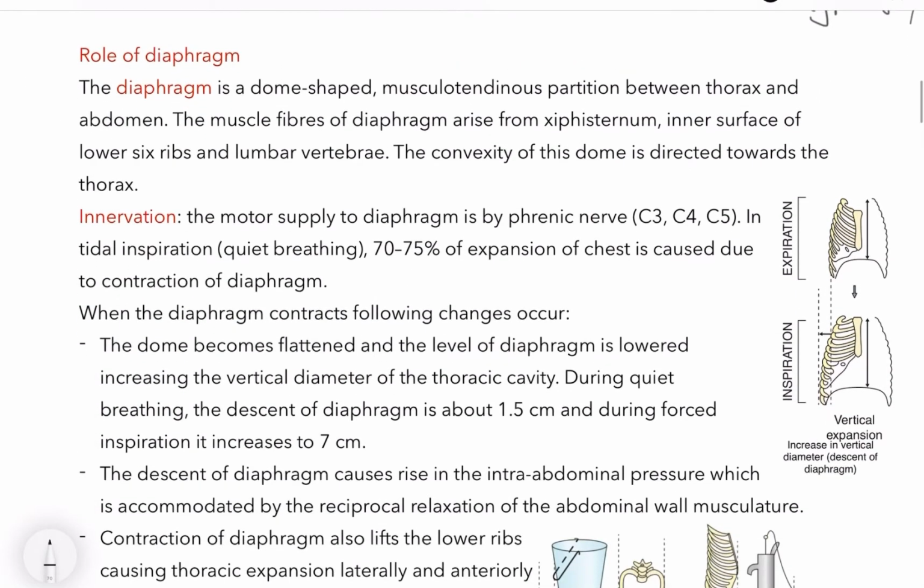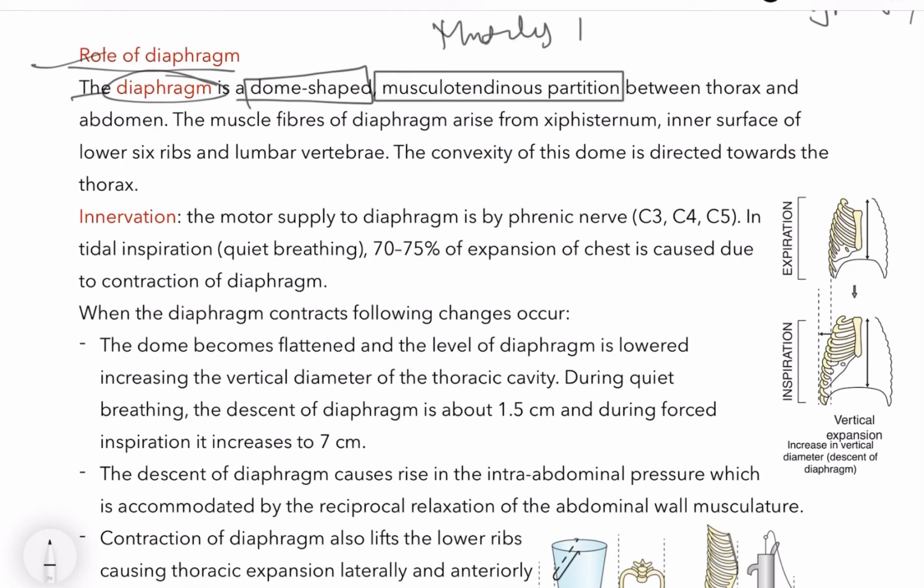Now let's see the role of the diaphragm. The diaphragm is a dome-shaped musculotendinous partition. Musculotendinous partition means it involves muscles as well as tendons, between the thorax and abdomen.